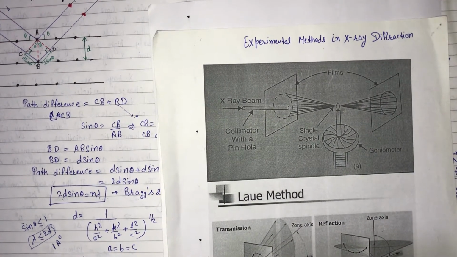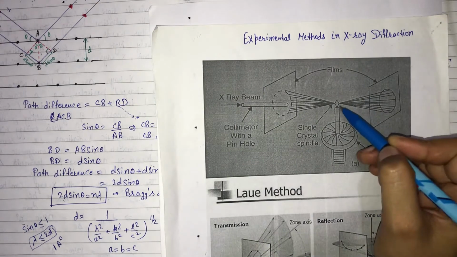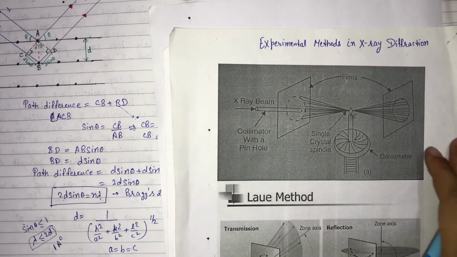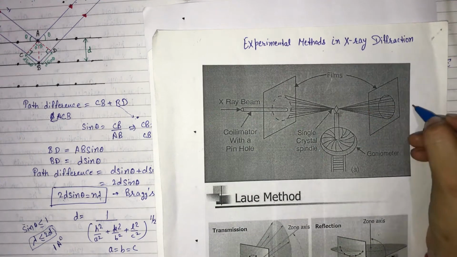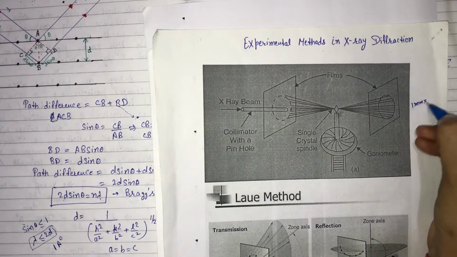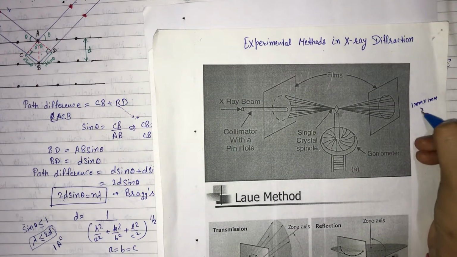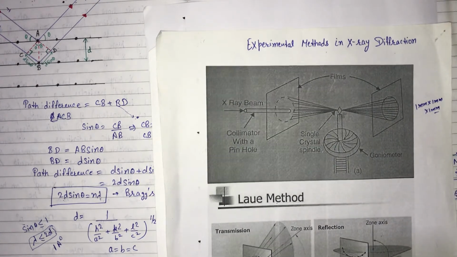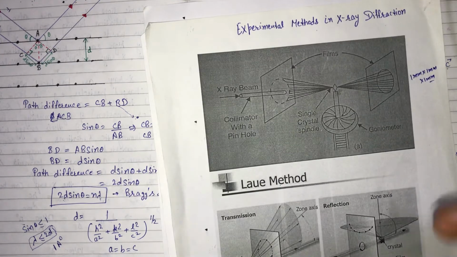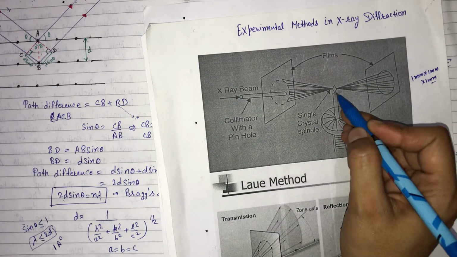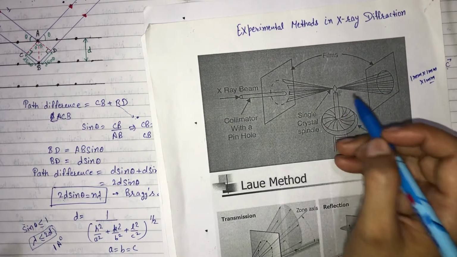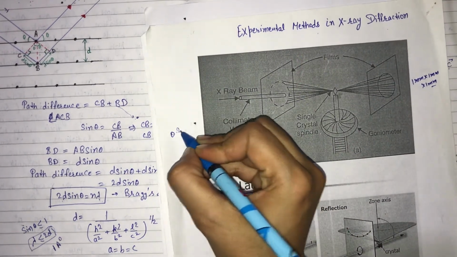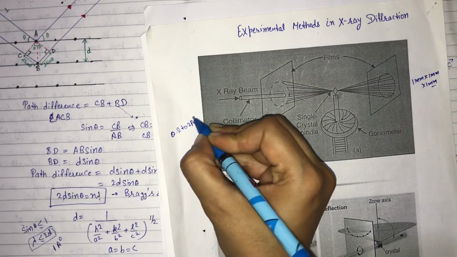The dimension of the single crystal we want to study is 1 millimeter by 1 millimeter by 1 millimeter, and the wavelength of radiation used lies in the range of about 0.2 to 2 angstrom.